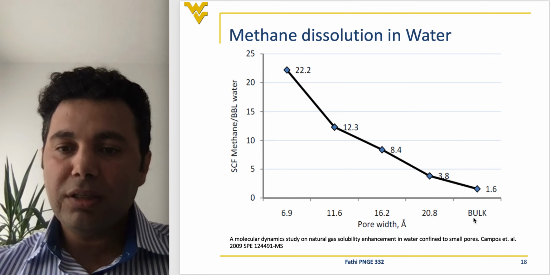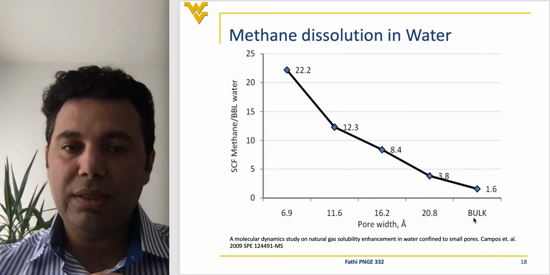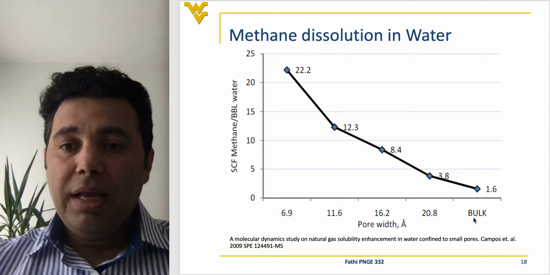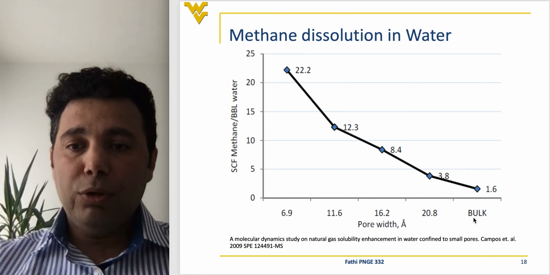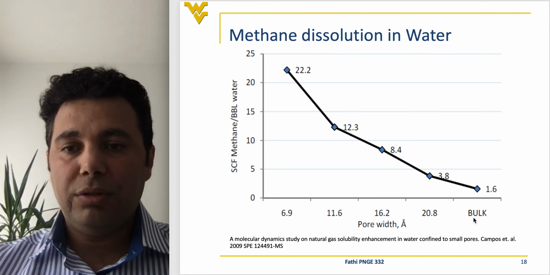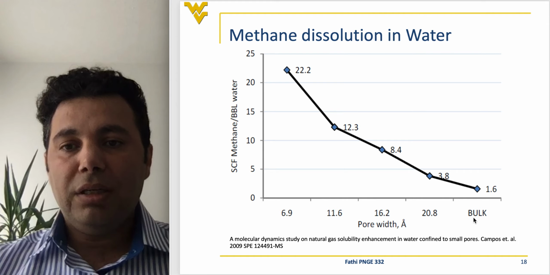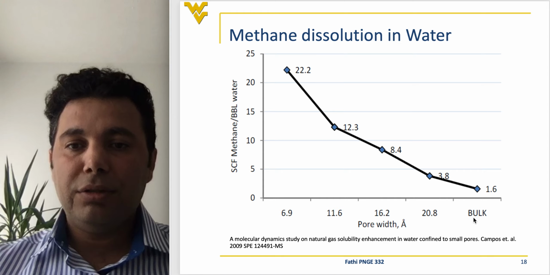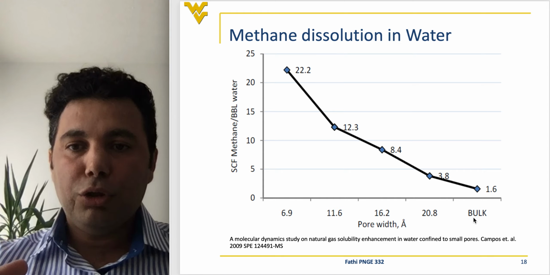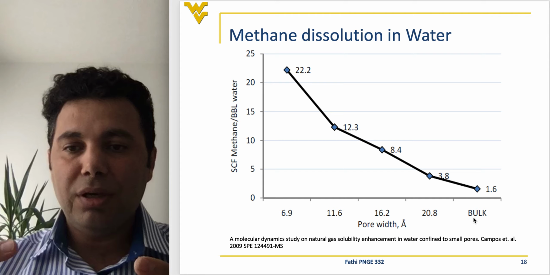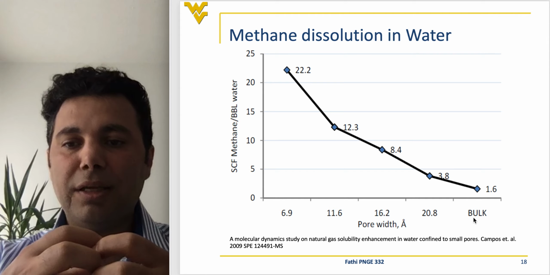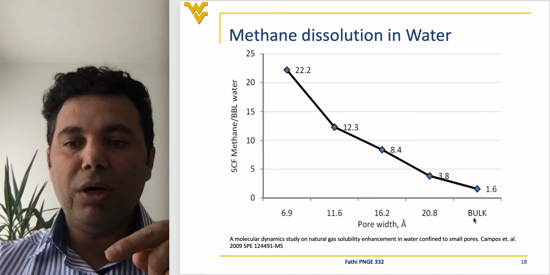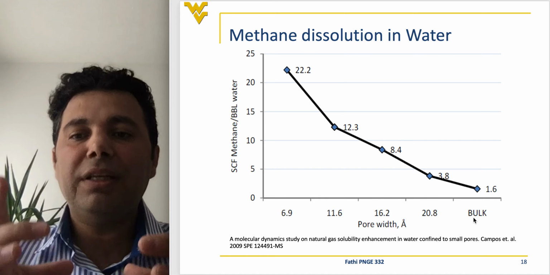Because the molecules of the container start reacting with the fluid. It doesn't mean that when you have a large container, you don't have that reaction. You still have a reaction, but in that big container, you have so many molecules of the fluid inside, and the interaction with the container is very limited.